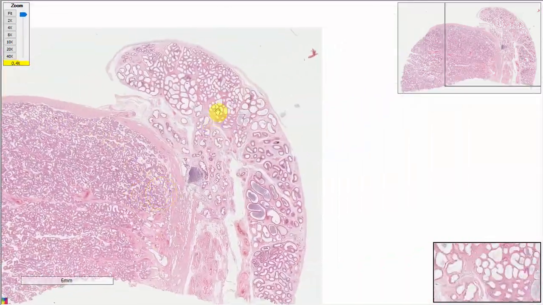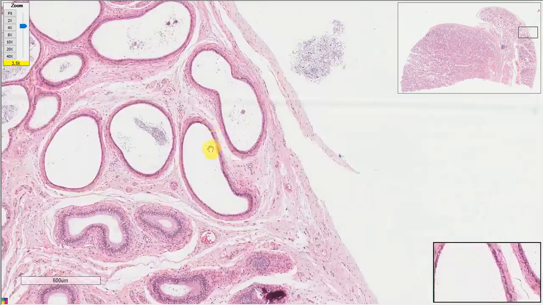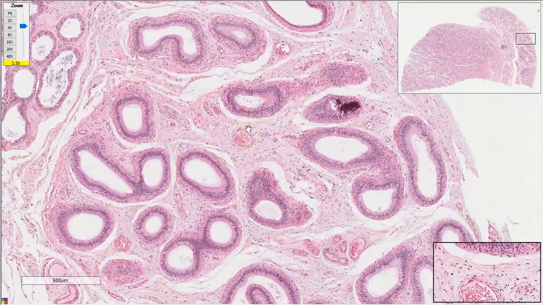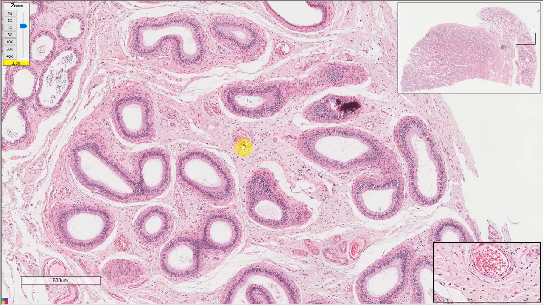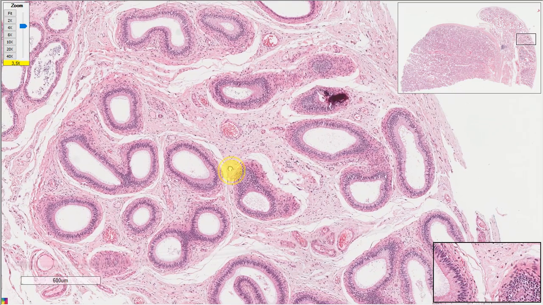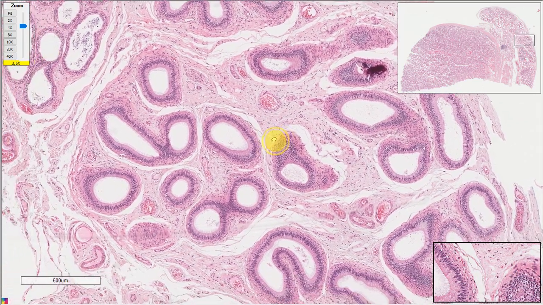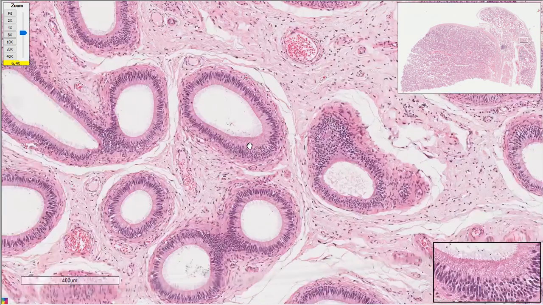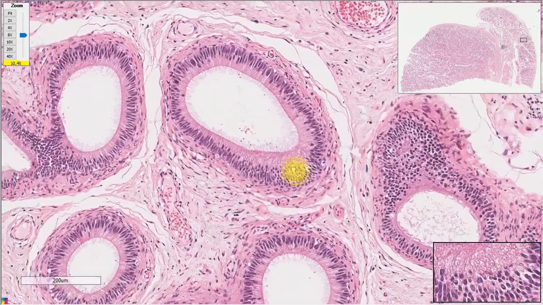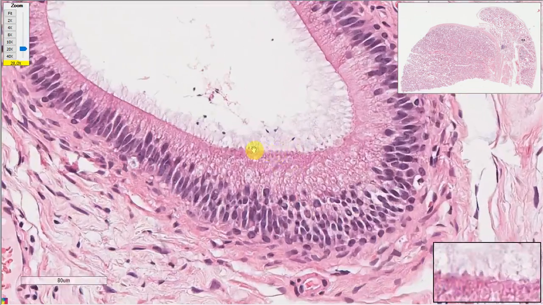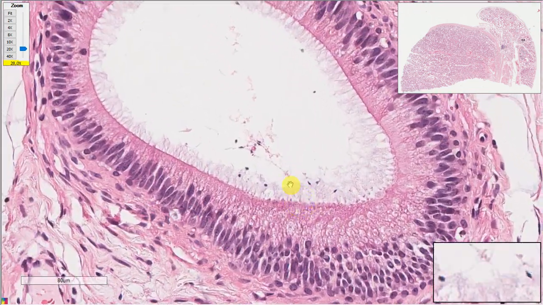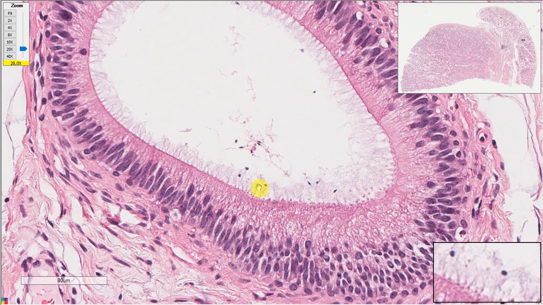Now let's look at the epididymis. In the epididymis, it contains coiled tubules that are lined by pseudostratified epithelium with stereocilia, which is different from cilia. This is not true cilia because they lack the motor ability which cilia have.